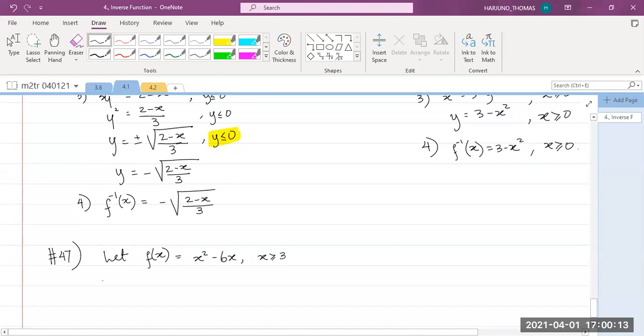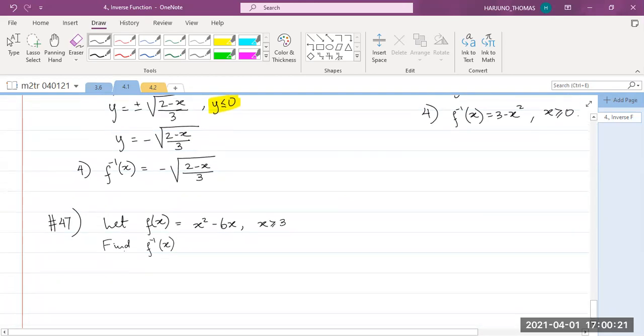Now find the inverse function. Okay, step 1, solution. Step 1, y equals x squared minus 6x. Step 2, x equals y squared minus 6y.